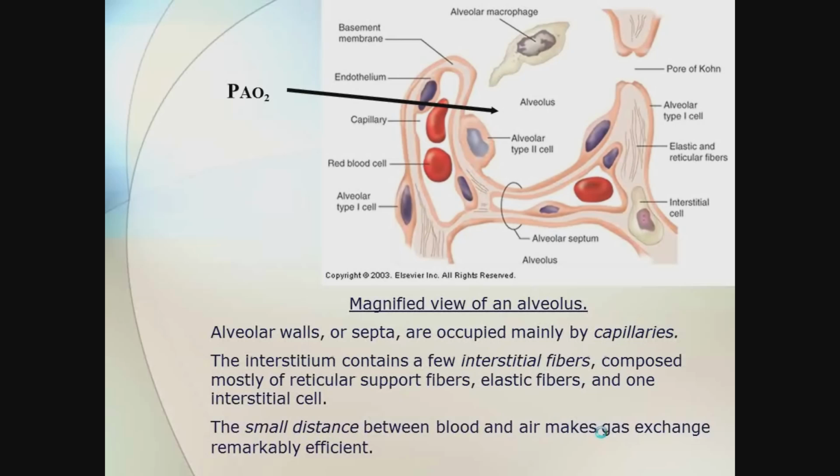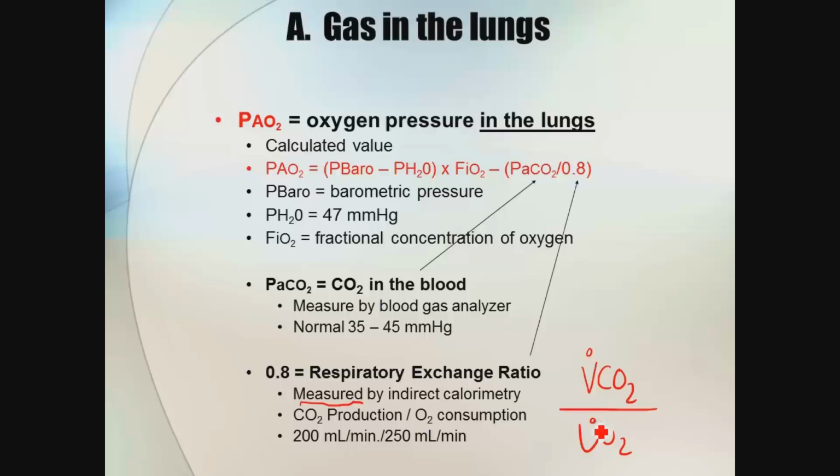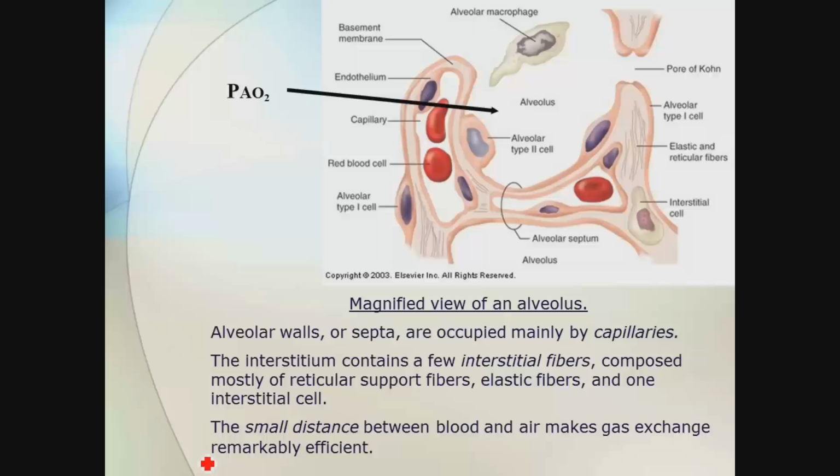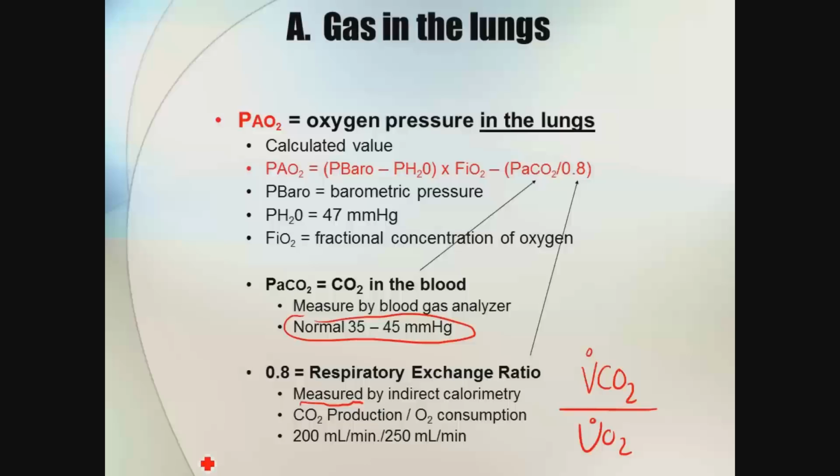You want normal value? So you should know this one. This is fair game. Normal PaCO2. 0.8 for right now is what we're going to use as a constant, but recognize that will change as we go along next year.